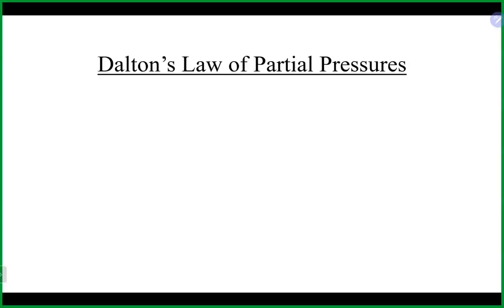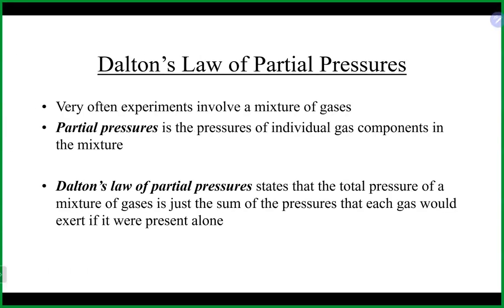So the next thing we're going to talk about is partial pressures and the law of partial pressures. Dalton's law of partial pressures sounds really difficult, but it's a pretty straightforward idea. One of the things that we talked about as something being an ideal gas is the idea that there'll be no interaction between that gas and other gases.